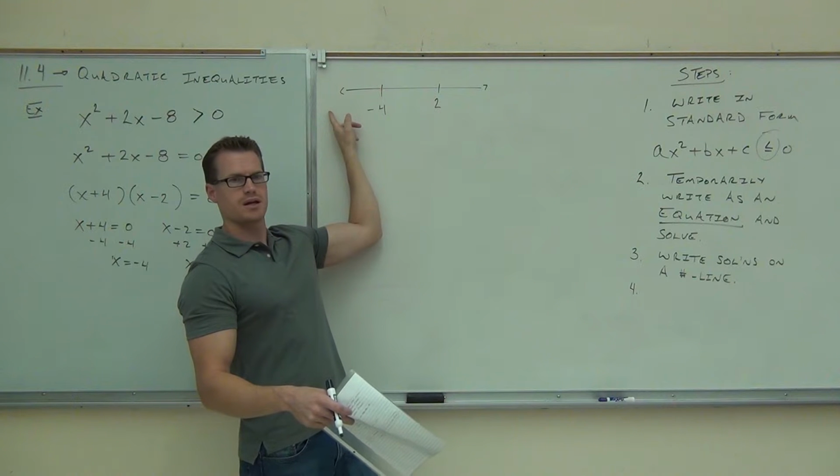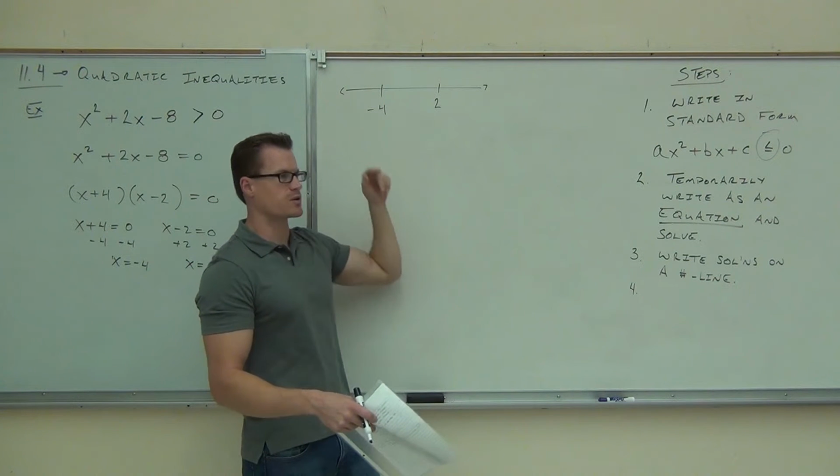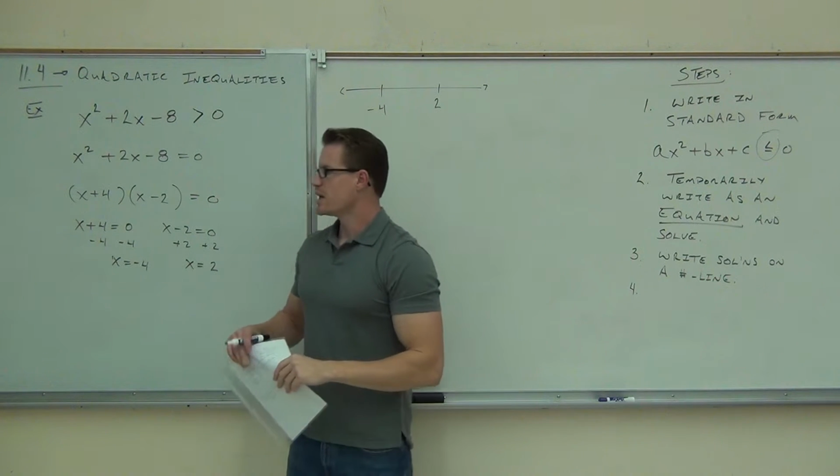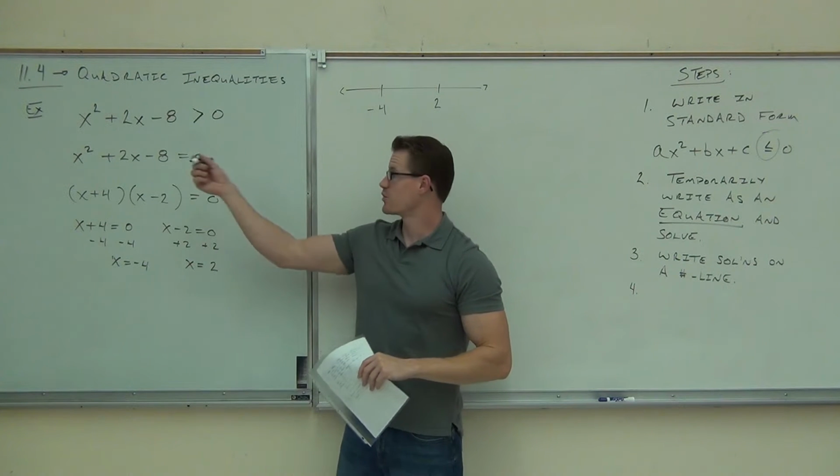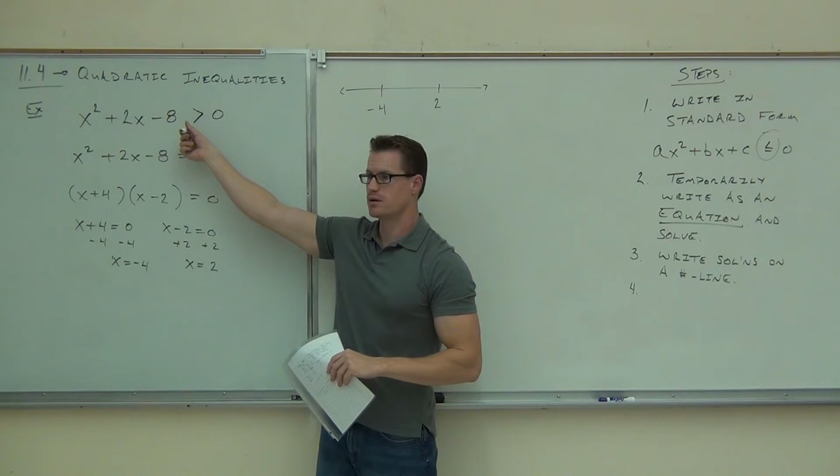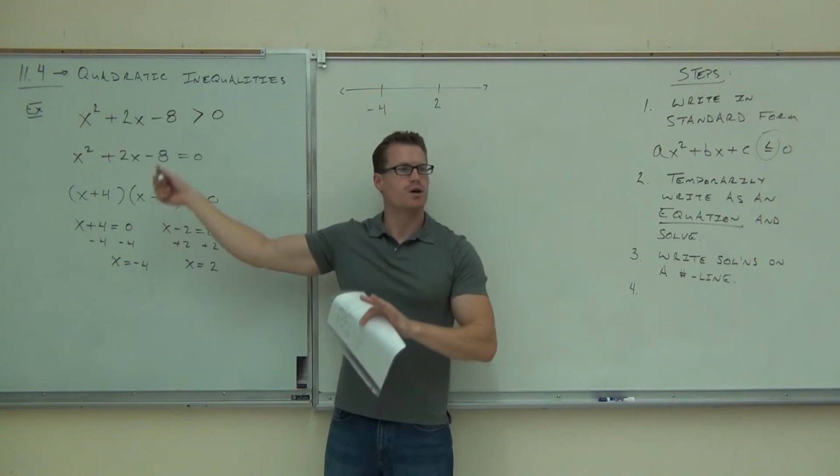How about over here? Negative, yeah, not -3, right? That's in this one, but -5 or something. You're going to test those points in, do I want to test it in my equation here or my inequality? The equation, that was temporary. We go back to the inequality.